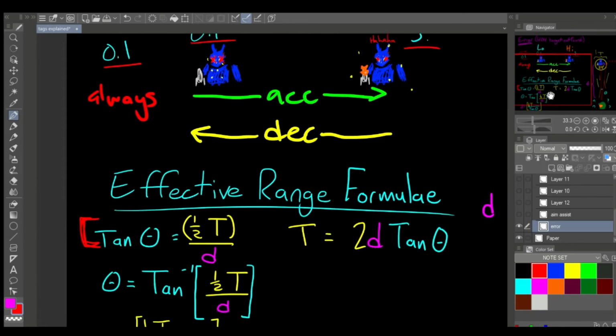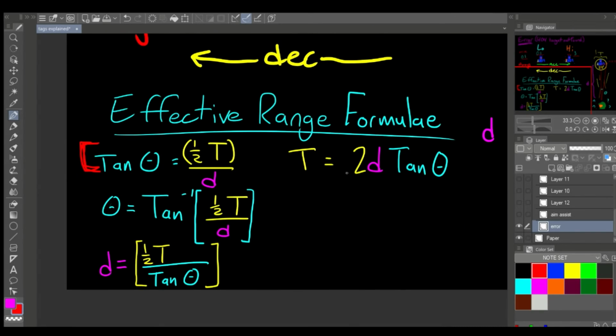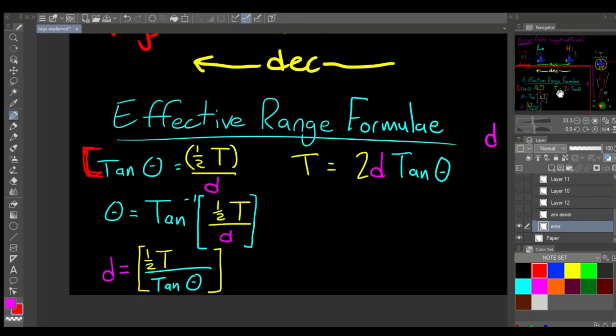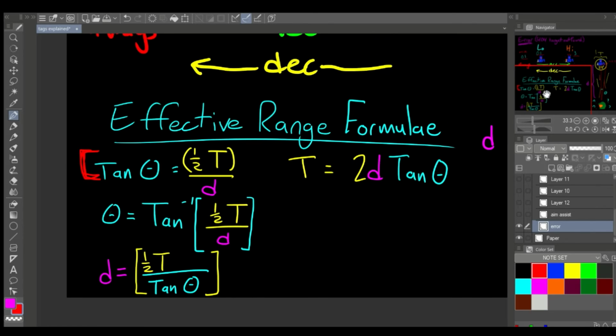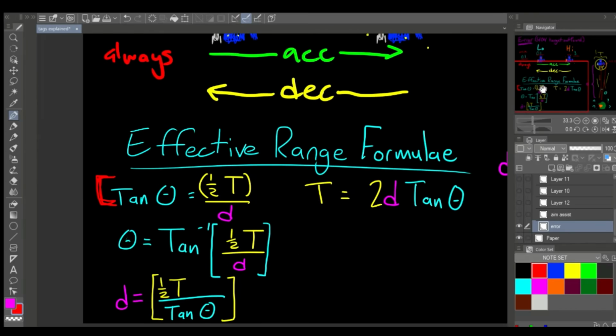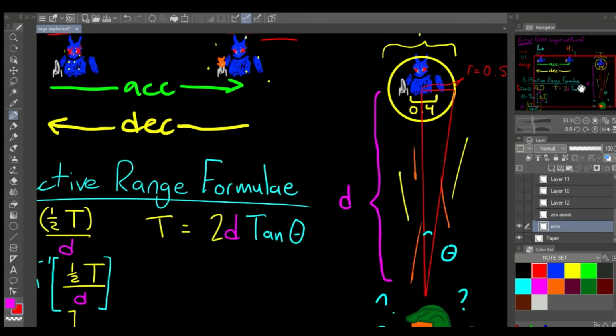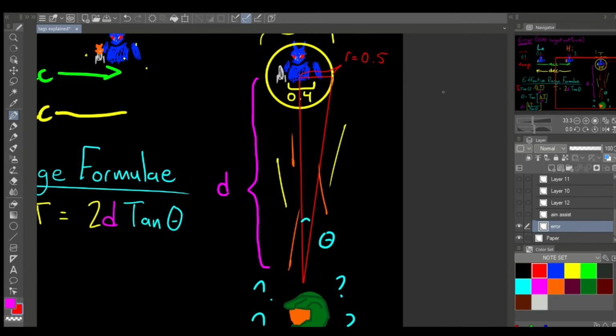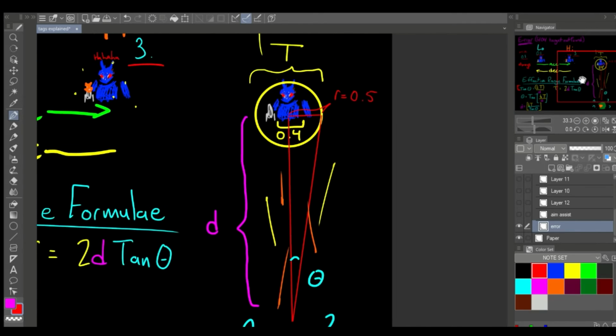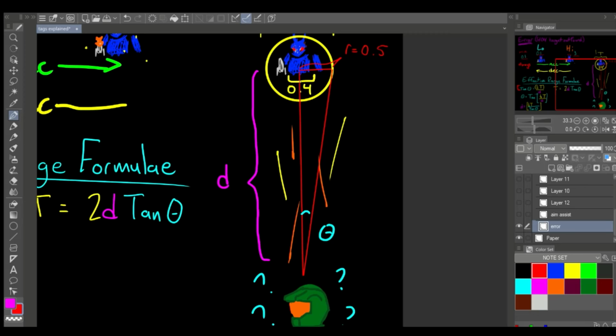Say, for example, you want to know what the effective range is when you're at full auto. Yeah, okay, it's math time. Here we have a beautiful right angle triangle, as you can see by this nice square in the corner.